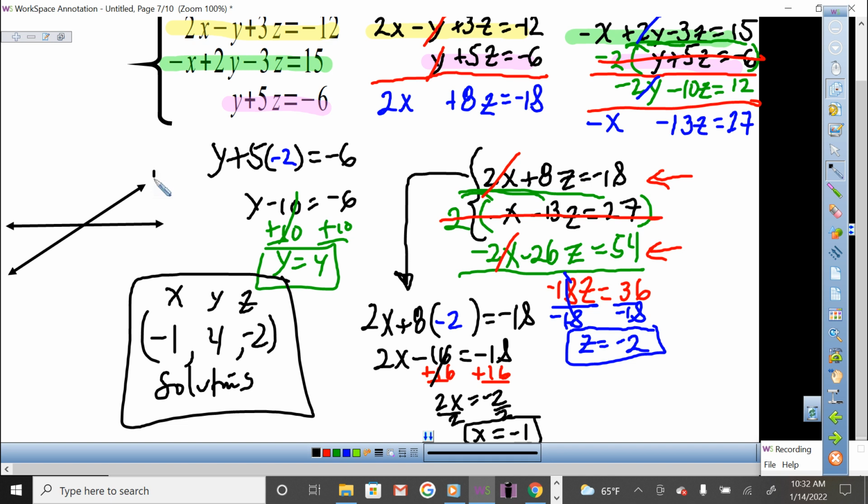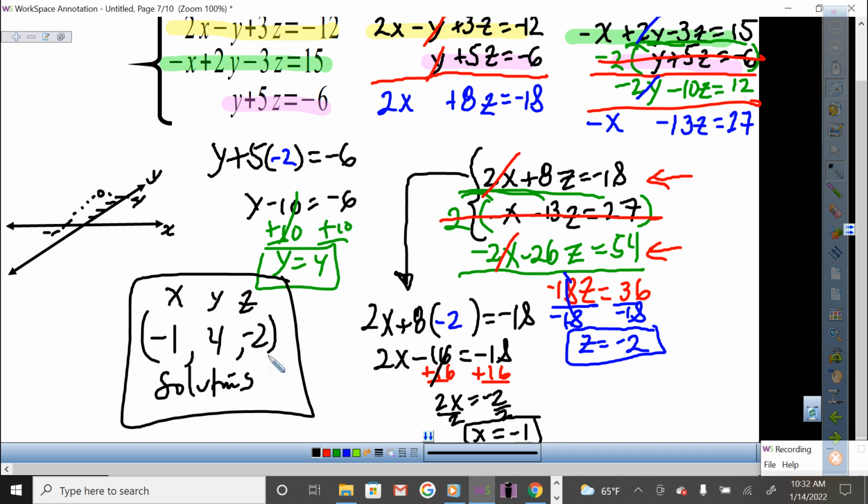We're going to start with y, x. Y is 4. 1, 2, 3, 4. X is negative 1. Negative 1 is over here. So that is right there.